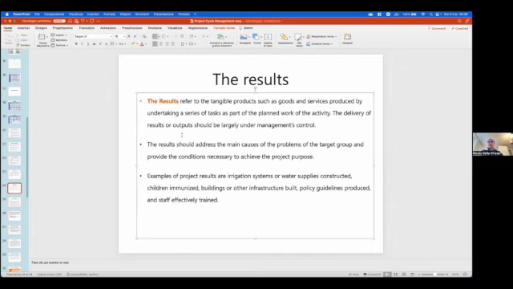For instance, the availability of an irrigation system will contribute to enhanced agricultural production, which could be the project purpose.